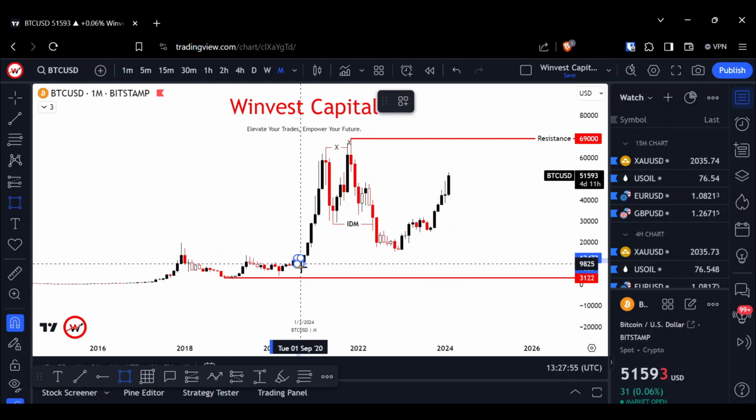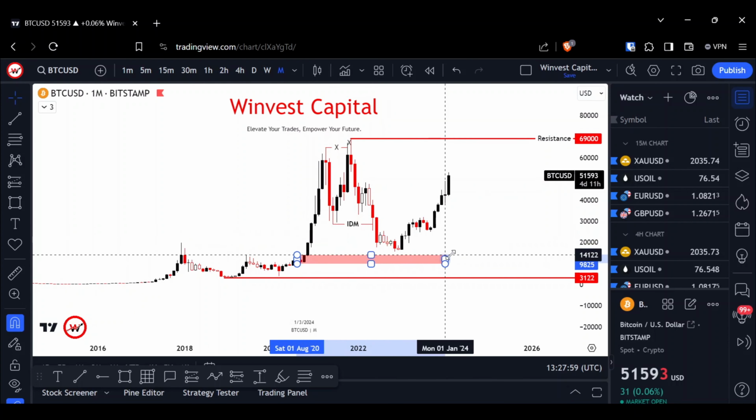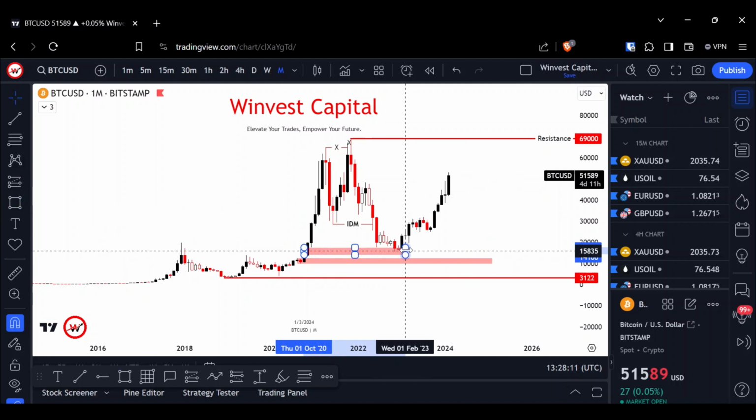Here you can see an order flow. I don't think it tapped though, because I think it went for the imbalance right here.